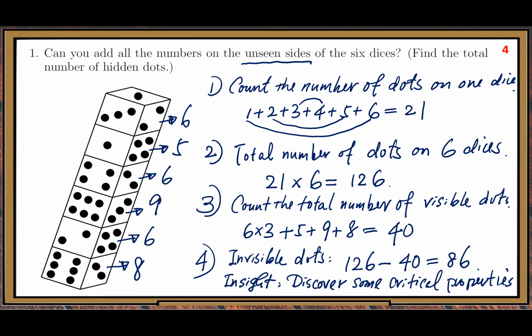But here we have a stack of dice. Can you imagine turning that stack of dice, so some of the invisible sides become visible? But it's hard. How to predict the dots after you turn that stack of dice?